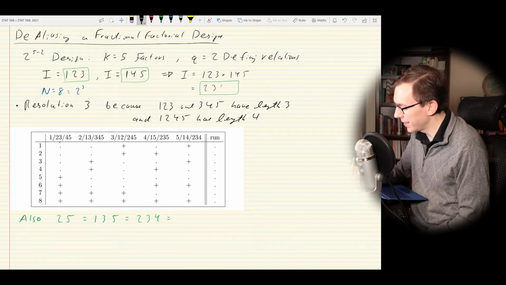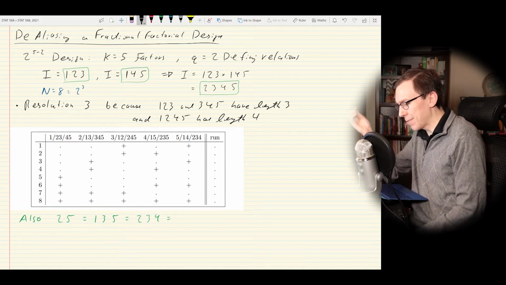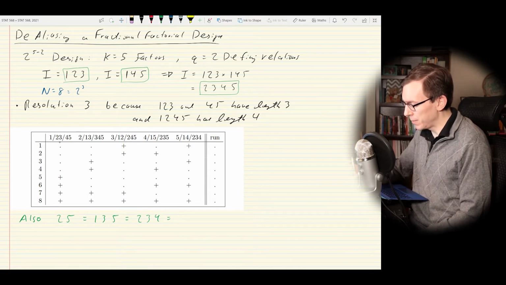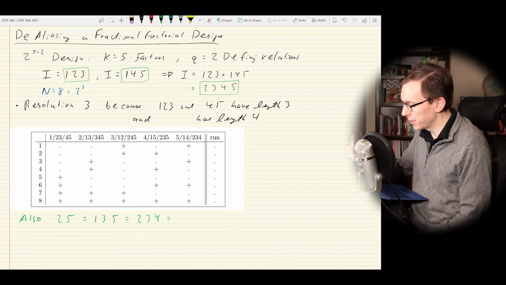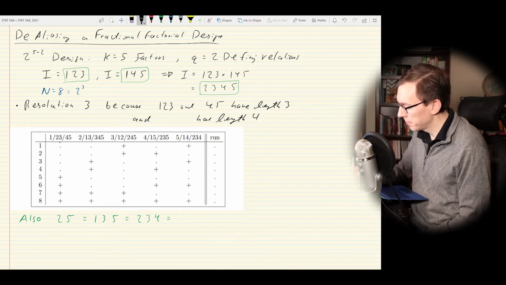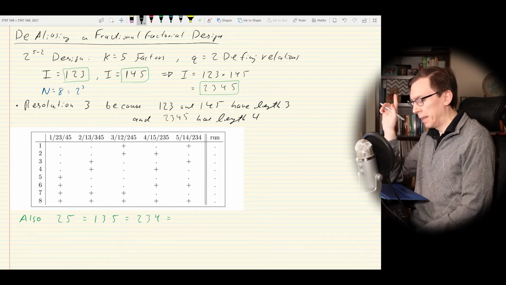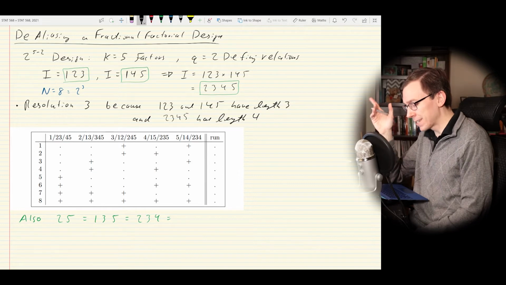A 2, 3, 4, 5. And everything that we talked about still follows. It's still going to be a resolution 3 design. So we still have a resolution 3 design.